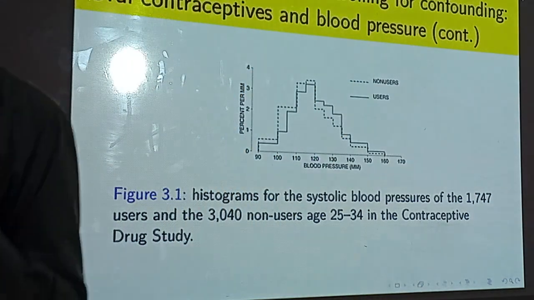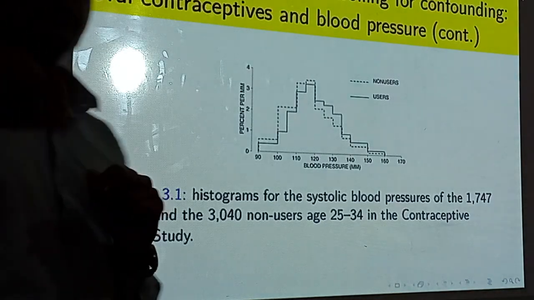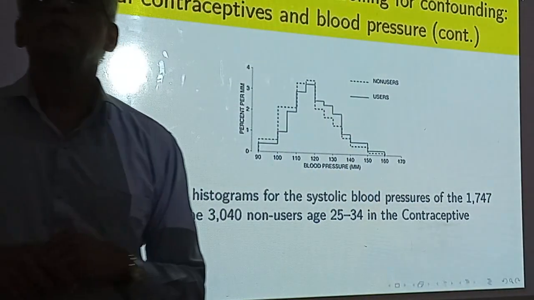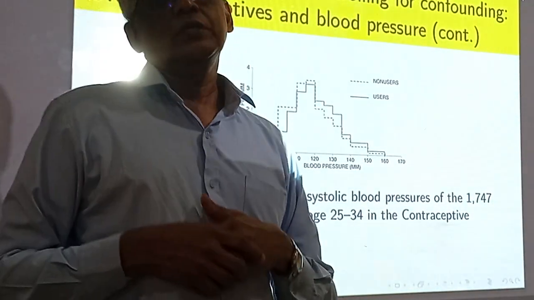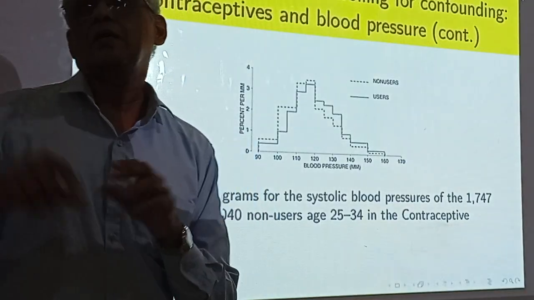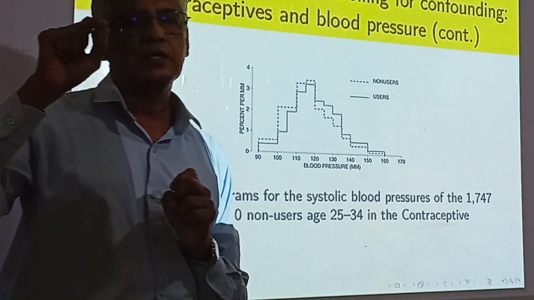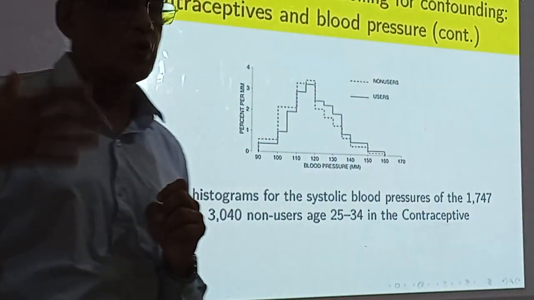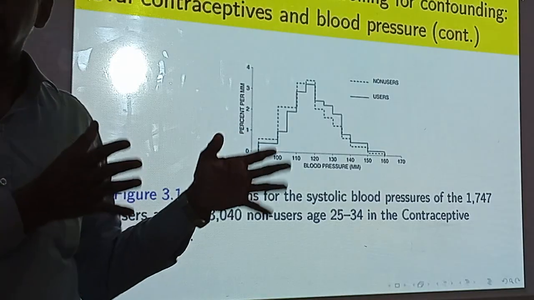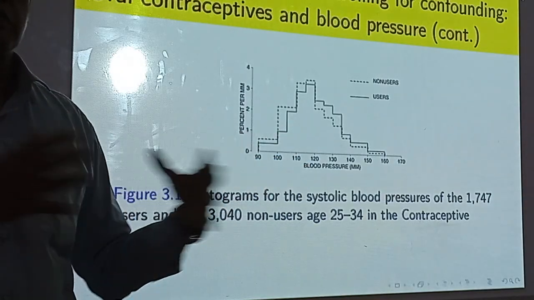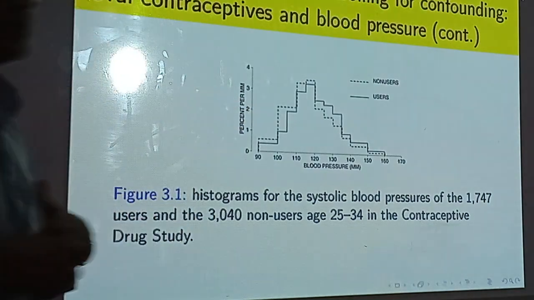This systematic difference probably indicates that in the population these two distributions are different, and therefore that difference is more likely to be due to pill usage rather than age, because the age is almost the same in both groups. Right? So that's what they decided actually.